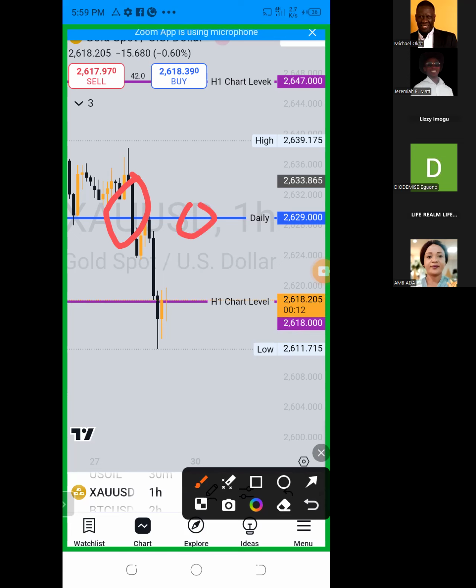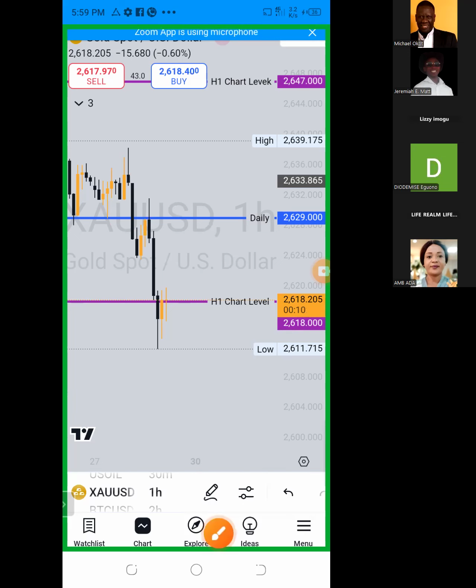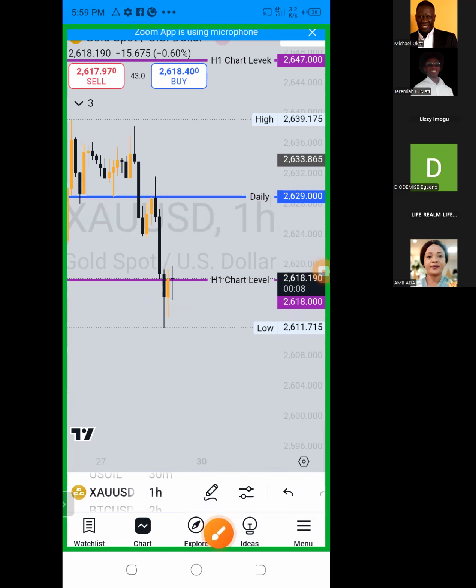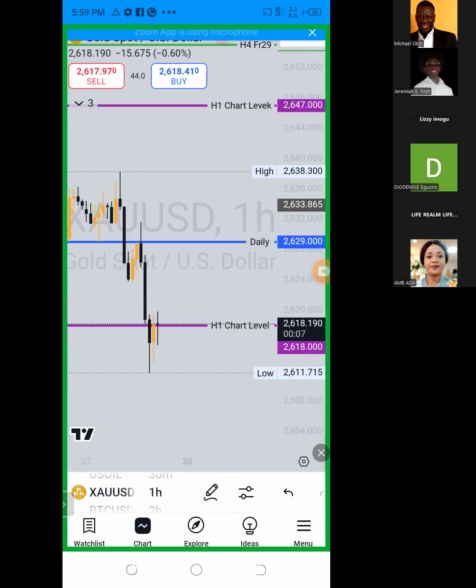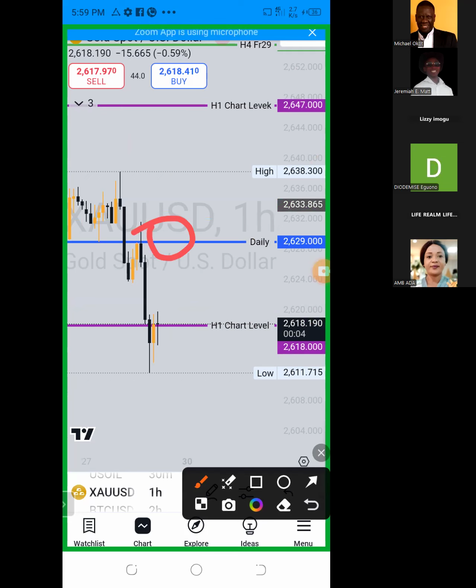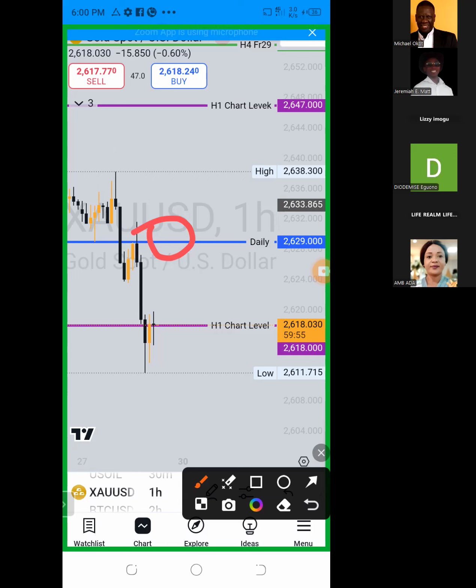Because at this level, there are two possibilities. If you are doing analysis, you have marked your zone. This is a supply level. Two things can happen here. If price breaks this level with momentum to the upside, then it will continue from here by retesting this level, then boom, and the next level will be here.